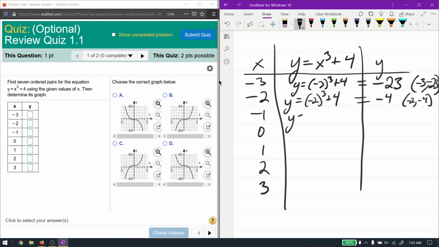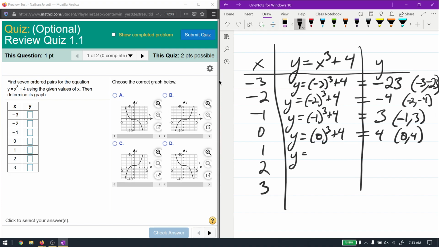All right, y equals -1 cubed plus 4. -1 cubed is -1 times -1 times -1, or in other words, -1. -1 plus 4 is 3. So -1 and 3 is the next coordinate. y equals 0 cubed. 0 cubed is just 0, so 0 plus 4 is 4.